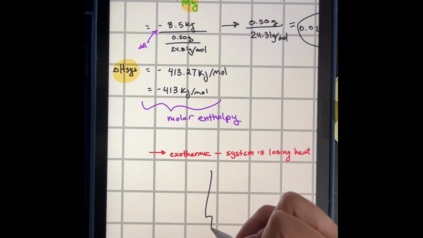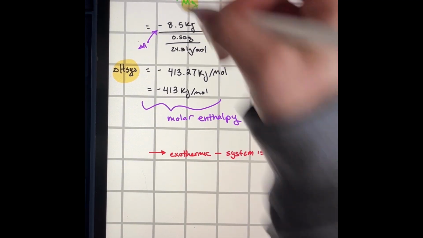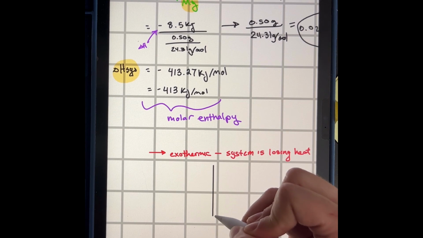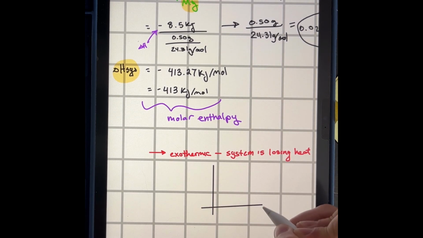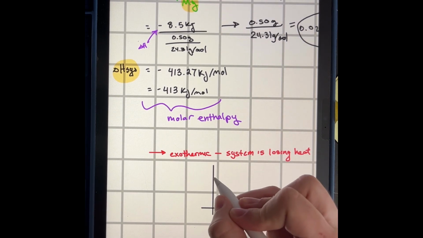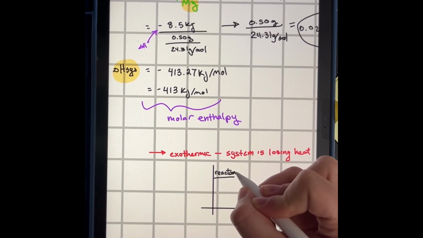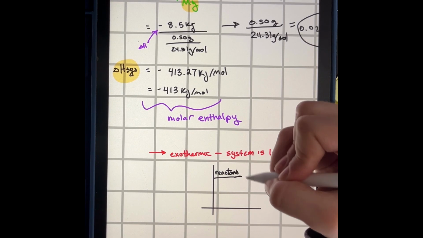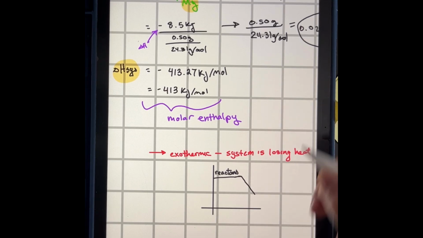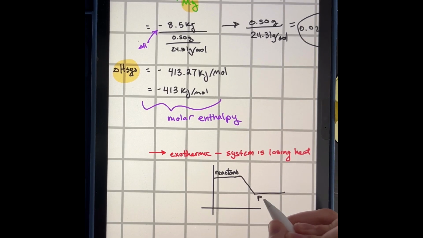It's something like this. So we'll have our reactants, and then it's losing heat, and then our final product is something like this.